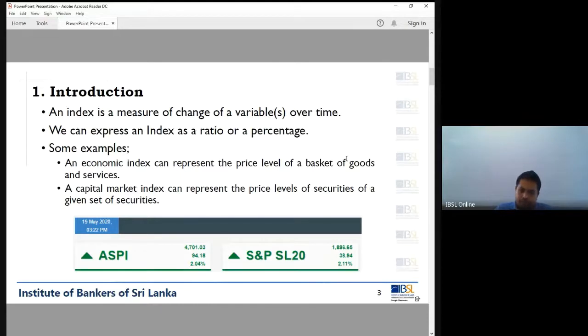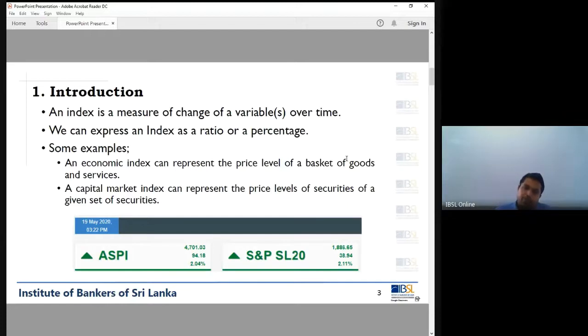So the broader idea is that we are going to start an index with a point of 100 kind of a value, and then we are going to move that, let's say 100 if I start with, we're going to move that 100 to different points, say 102, 103. It may come down to 98, it may go down to, let's say 95, then again it goes up.